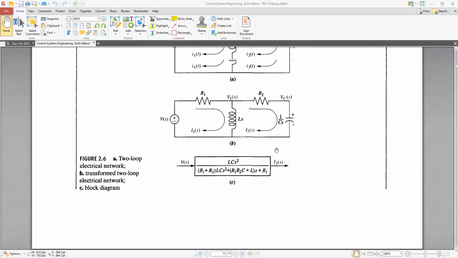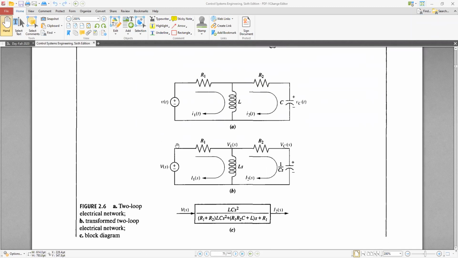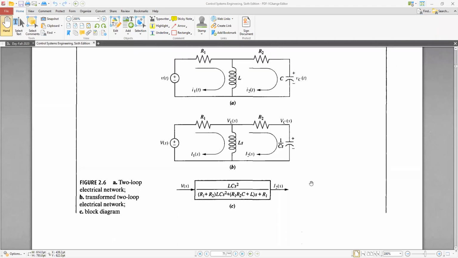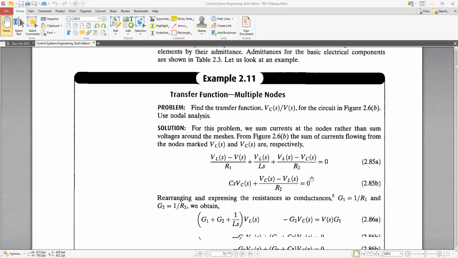So let me show you the figure. See, (VL minus VS) divided by R1, plus VL by Ls, plus (VL minus VC) divided by R2 is equal to 0. That is the first current equation. So we are considering the VL node.